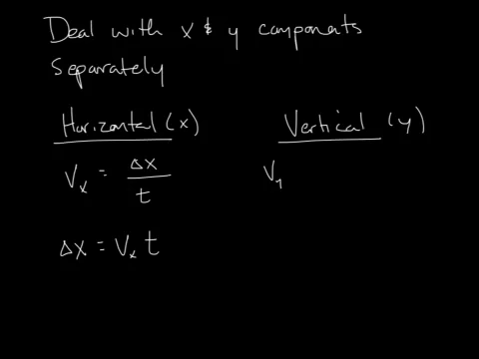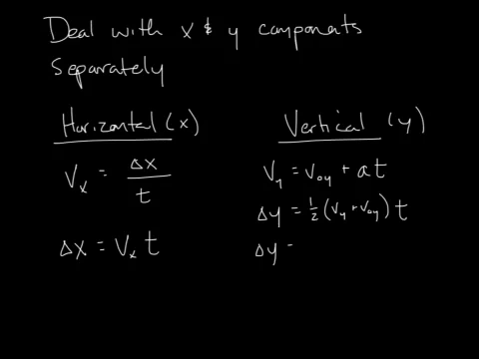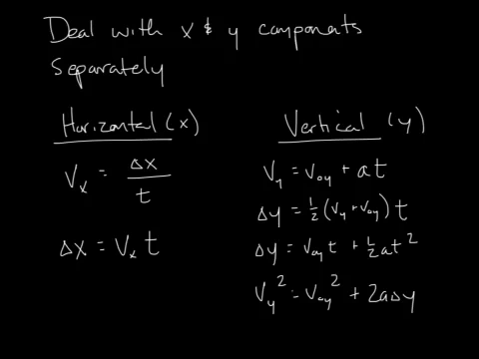So Vy equals V naught y plus at, or delta y equals 1/2 (Vy plus V naught y) times t, or delta y equals V naught y t plus 1/2 a t squared, or Vy squared equals V naught y squared plus 2a delta y. And so we can deal with our horizontal components using our average velocity equation, and our vertical components using the kinematic equations.